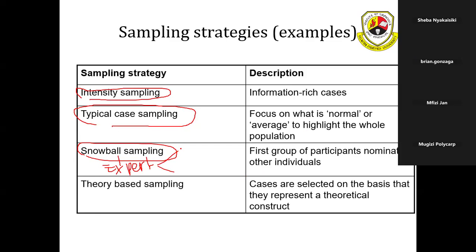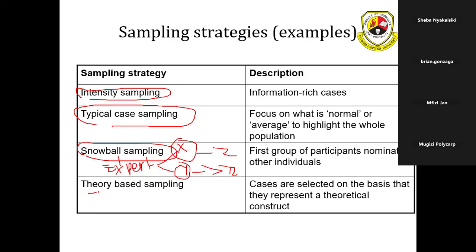So the expert points me to person X or types of people X and types of people Y. And these then lead me to others, to Z, and so on and so forth. So this is snowballing, where somebody says, I really don't know who to talk to, and the first people nominate others whom I can go and talk to, and my data keeps growing.